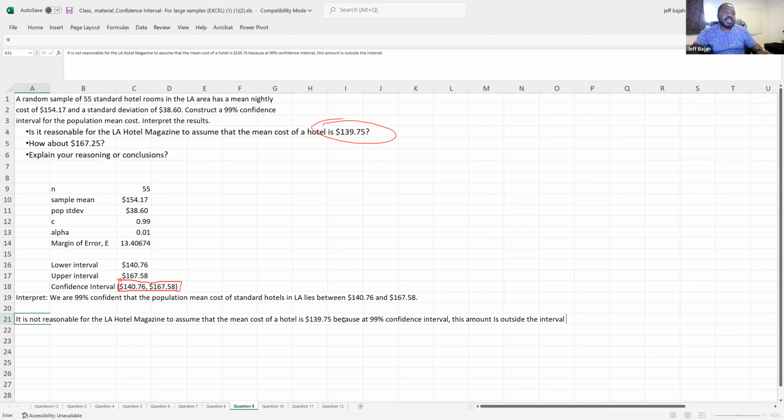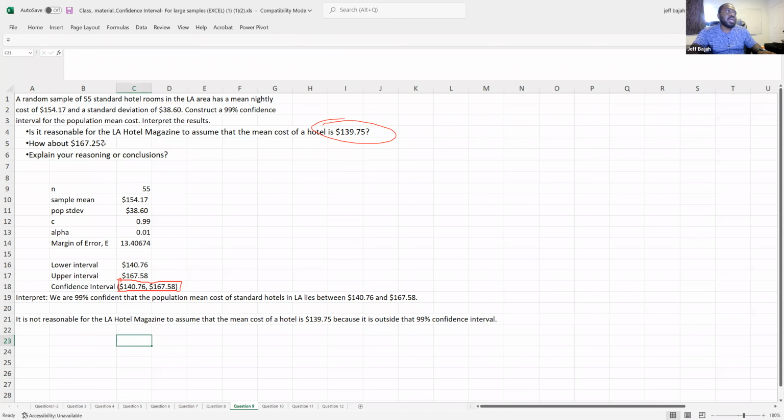Or we can say because it is outside the 99% confidence interval. That's a better way to put it.